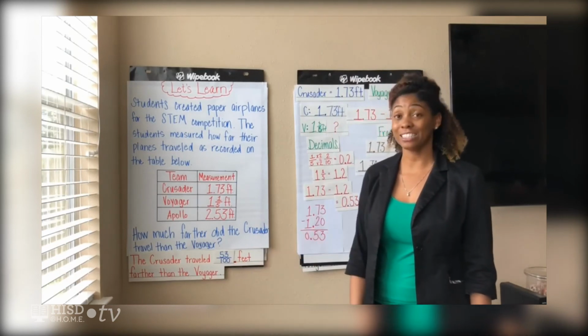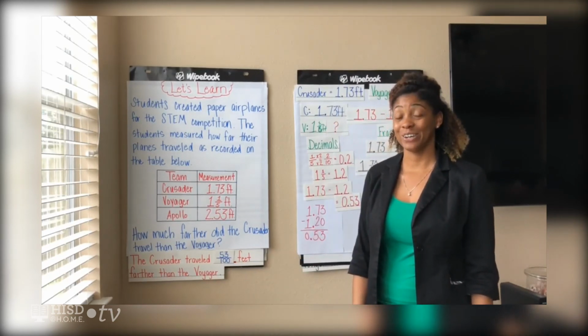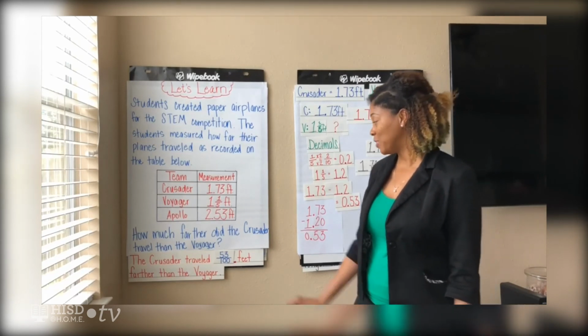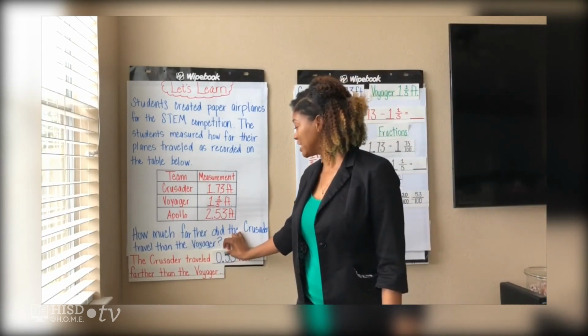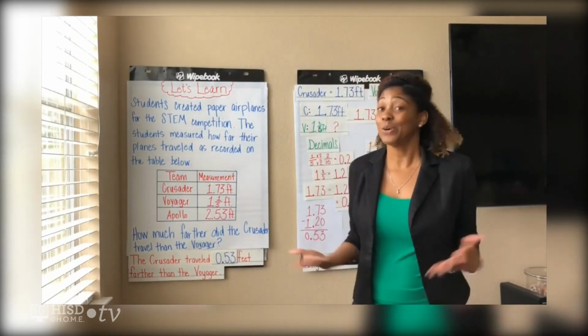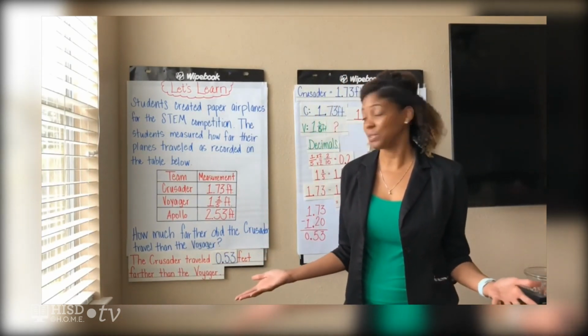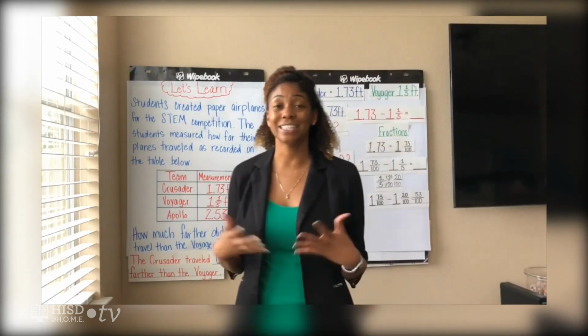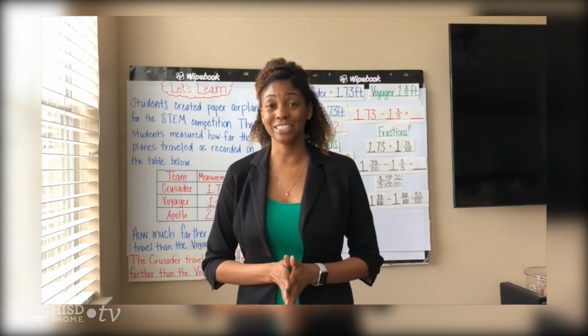I can use the fraction as my answer, or I can use the decimal. It doesn't matter which one I use because they both give us the same response to the question.